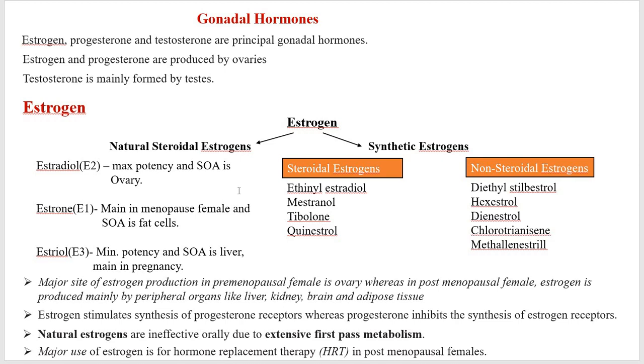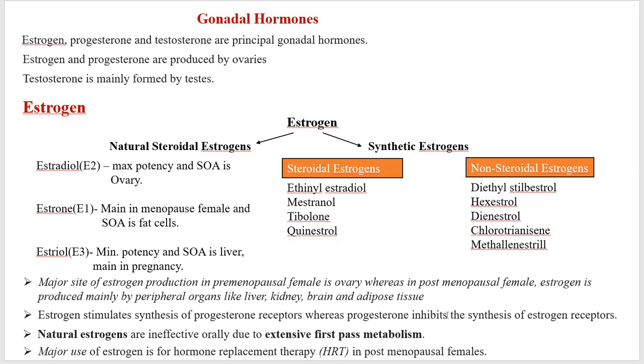After that, testosterone and uterine stimulants remain, but these are simpler compared to this, and in that you just remember the classification. While memorizing the classification, remember each specification that I will give in the slide.